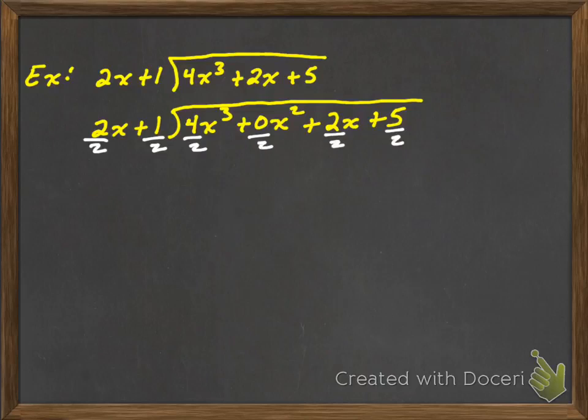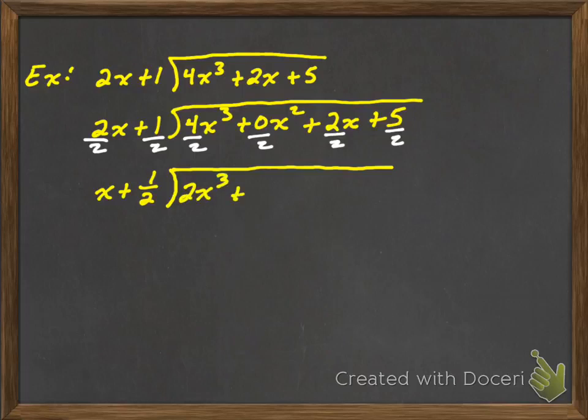So this now becomes x plus 1/2 and then this becomes 2x cubed. Now 0 divided by 2 is still 0. 2 divided by 2 is 1x. And then we have plus 5/2.